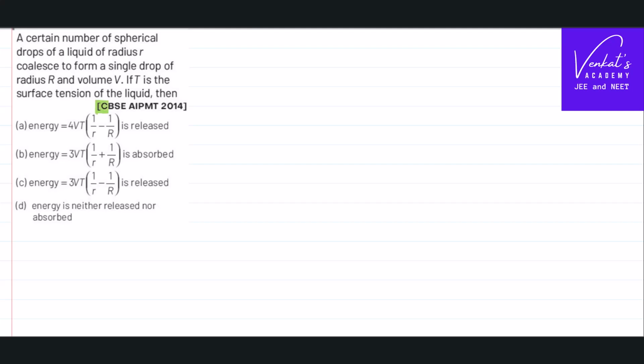This is a CBSE AIPMT 2014 question from mechanical properties of solids. The problem says a certain number of spherical drops of liquid of radius r coalesce to form a single drop of radius R and volume V. So what he's saying is there are small drops, each of radius r, a certain number, let that number be n.